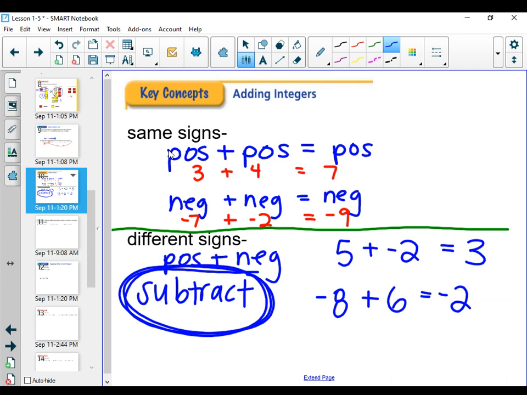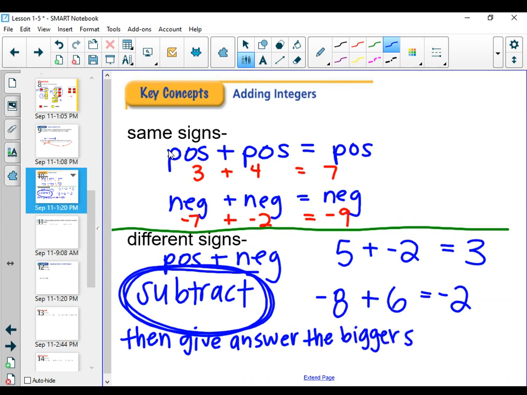So I'm going to add on to my rule a little bit. Subtract, then give answer the bigger sign.